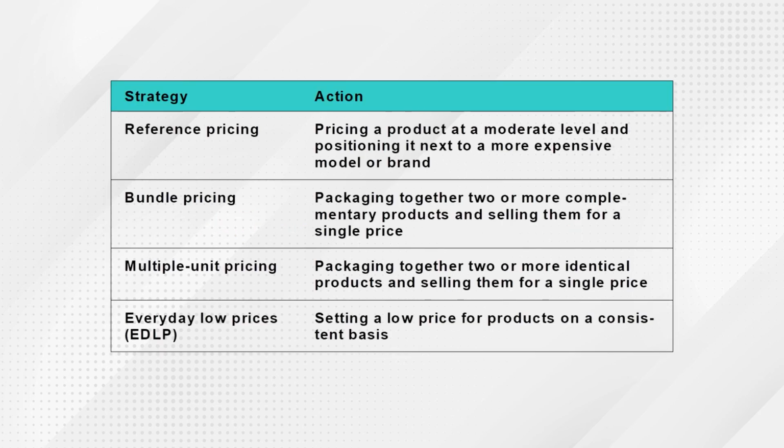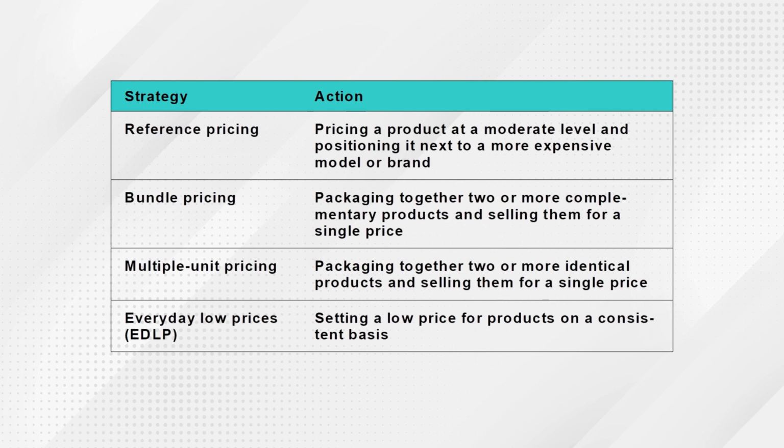One more method is psychological pricing, like Bata pricing shoes at 3,995 rupees 99 paisa. Such kind of pricing, or reference pricing, which becomes a benchmark for others to compare, or Walmart's everyday low price.